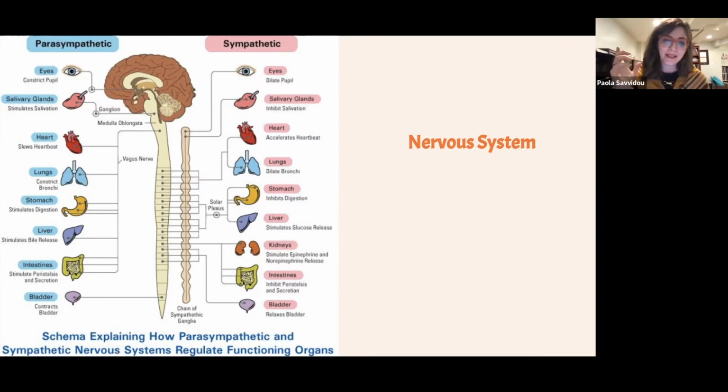The hypothalamus releases stress hormones like cortisol and adrenaline, and these hormones lower functions in the body that are considered non-essential, and pump more blood to the functions that are essential for survival. So it activates the sympathetic nervous system, the one on the right-hand side of the diagram here.